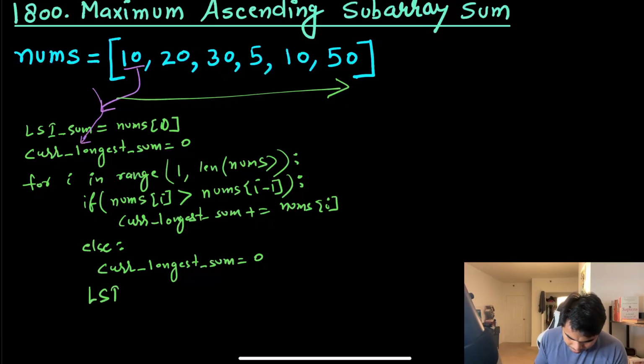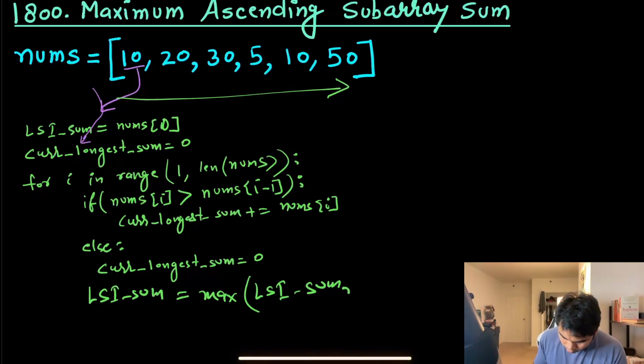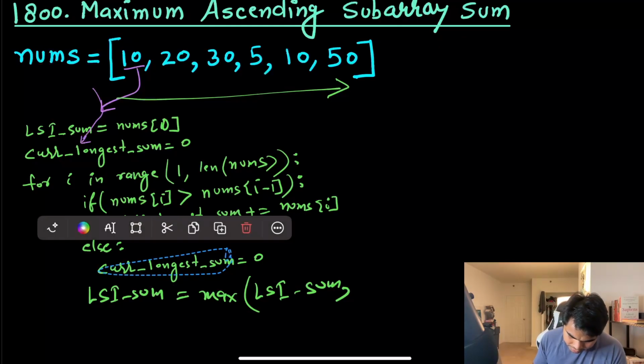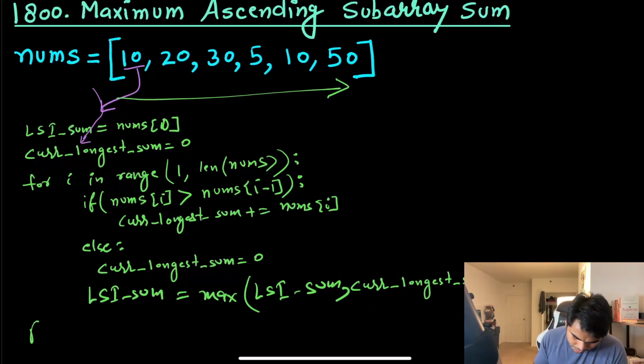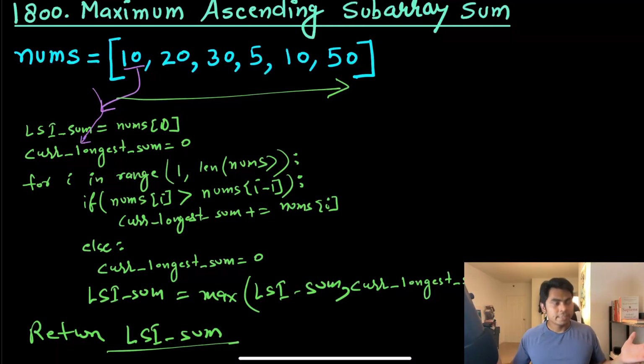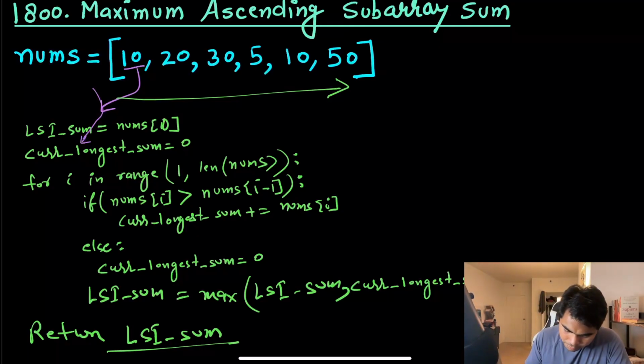So LSI sum will be the maximum of LSI sum or this current longest sum, because I'm trying to increase this. So that's it, and then I will return LSI sum. That's the entire solution, and it will be of time complexity big O of n.